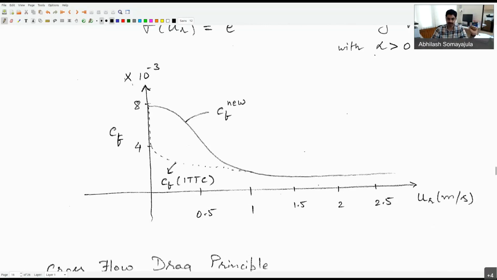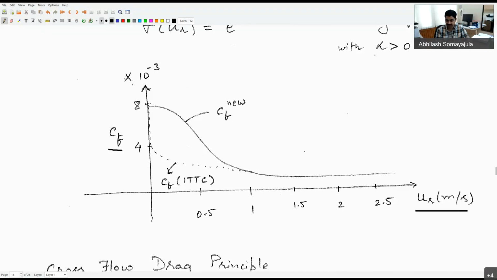Here I'm plotting the skin friction coefficient versus the speed at which the current is coming. What do I observe? At larger speeds, both the actual one and the ITTC line agree well. But at lower speeds, the ITTC is under predicting the friction coefficient.